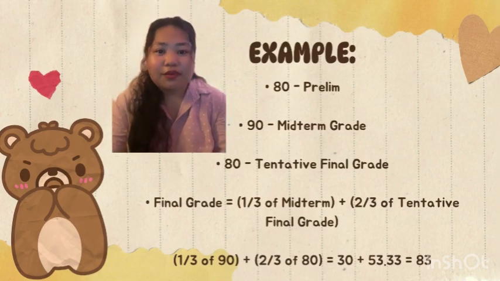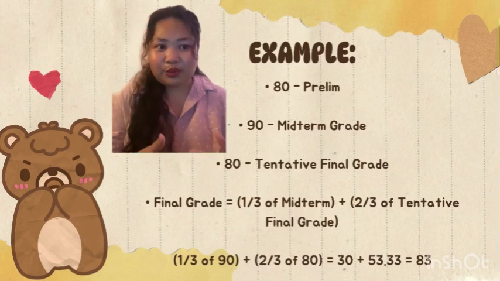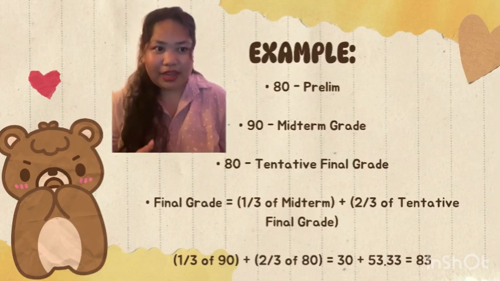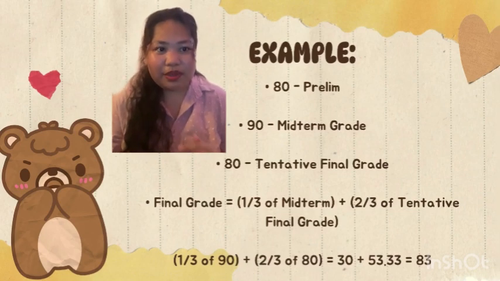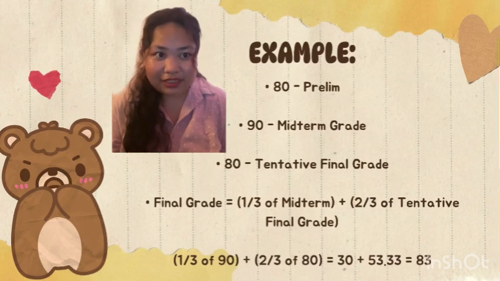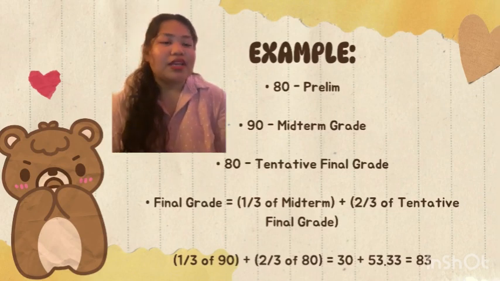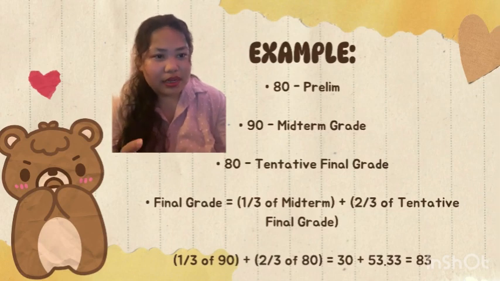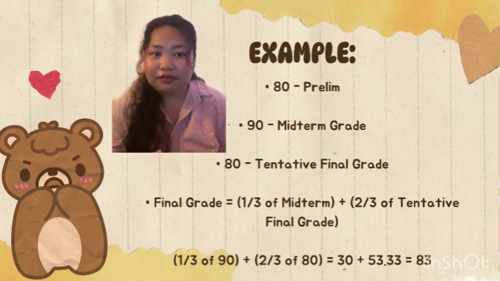Now, the formula is final grade equals 1/3 of midterm plus 2/3 of tentative final grade. So we will be focusing more on the midterm and the tentative final grades.